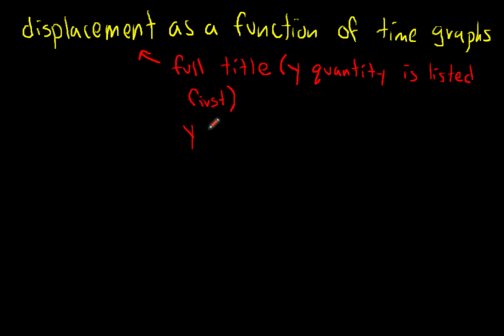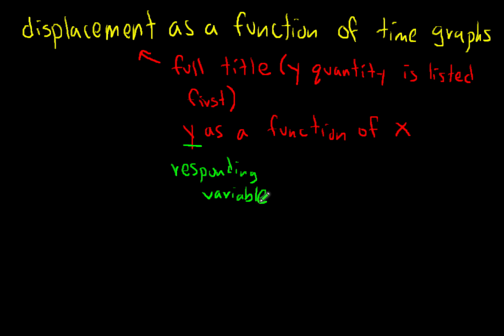They're written out as y as a function of x. It's a rule of thumb in your labs. The y-axis quantity will always be your responding variable. Your x-axis will always have your manipulated variable on it.